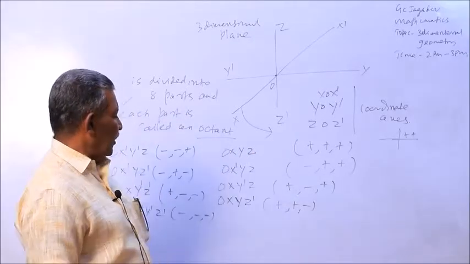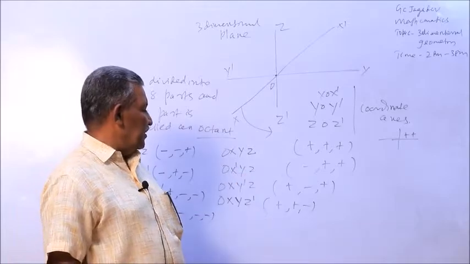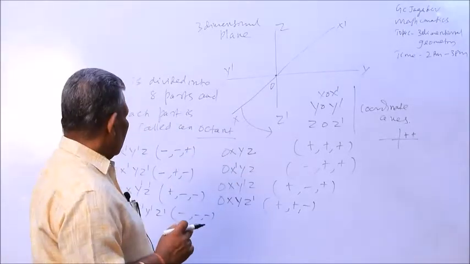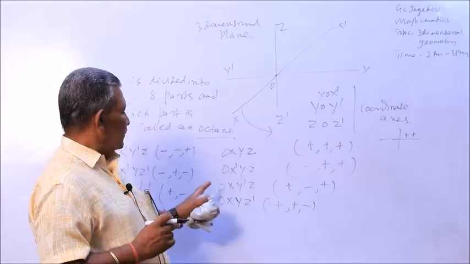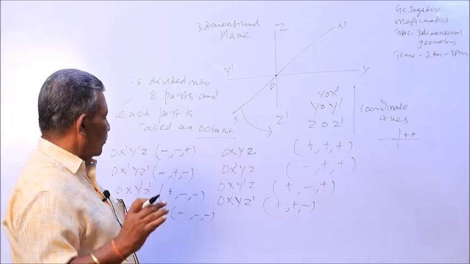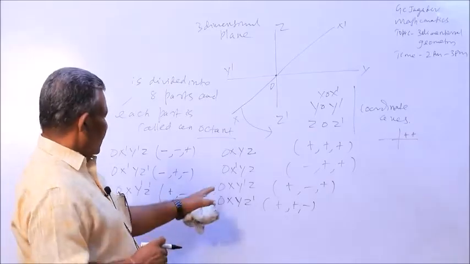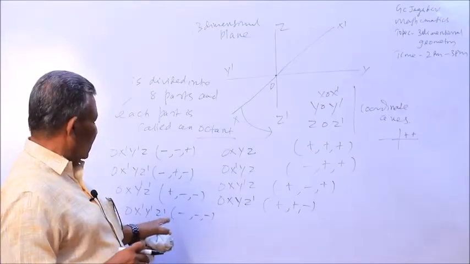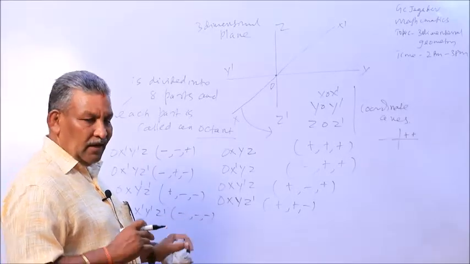In OXYZ all are positive, in OX'YZ it is minus, plus, plus. So you can easily remember it: wherever you find a dash, you put that coordinate negative. For OXY'Z, the middle coordinate will be negative. For OX'Y'Z', minus, minus, minus, all are negative.